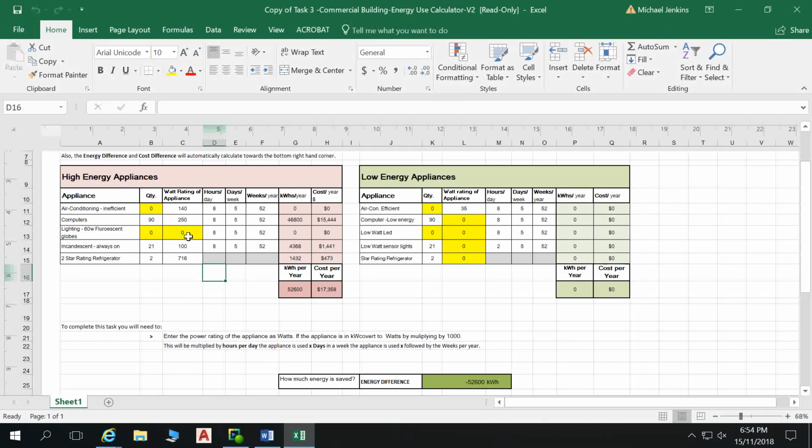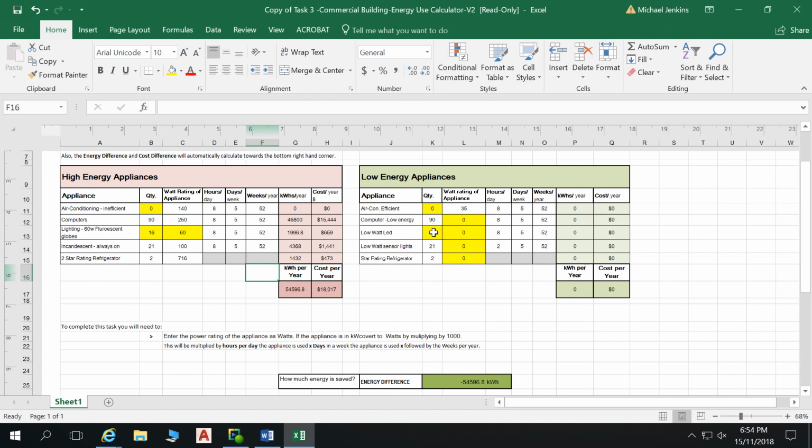Wherever we have one of these yellow squares, that's where we can input information. So I'd put in 16, and at 60 watts, that's going to cost us $660 a year to light that room.